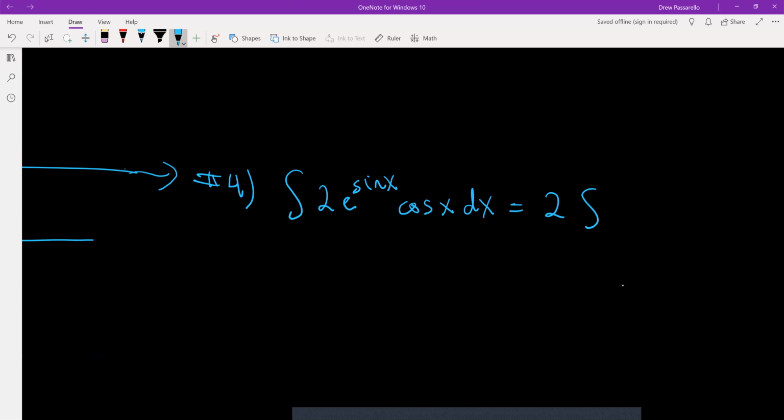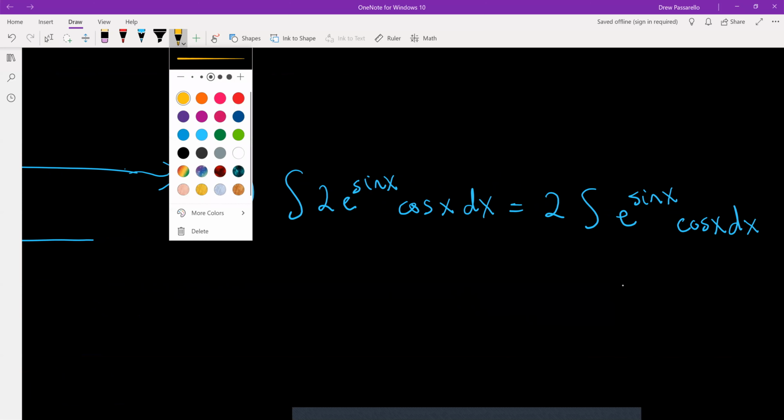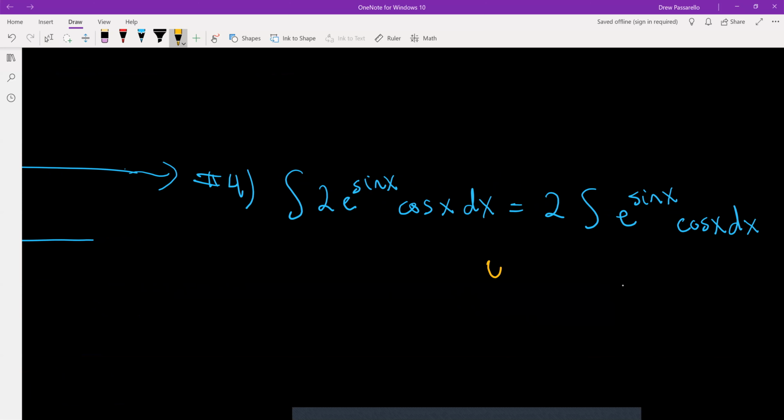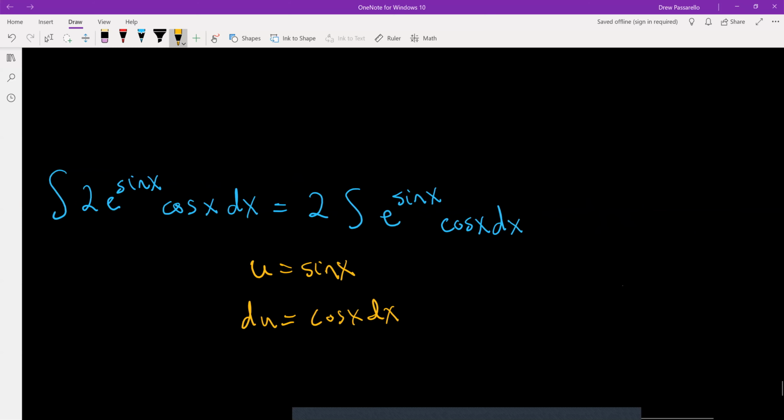That's 2 times the integral of e to the sine x, and then I have cosine x dx. So like before, I just let u be the exponent, and the exponent is sine x, so u is sine x. And then du is going to be the derivative of sine, which is cosine, so that's cosine x dx. And that's what we have already in the integral. So this whole thing is du, and the exponent is u.